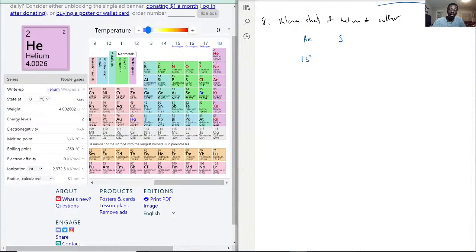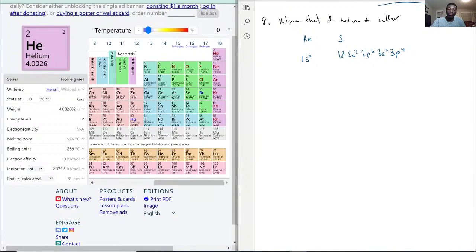Sulfur would be 1s2, 2s2, 2p6, because we're still building up in terms of solving like that. The next thing would be 3s2, and then we have 3p4. So remember, the valence shell is going to be the most outer shell.